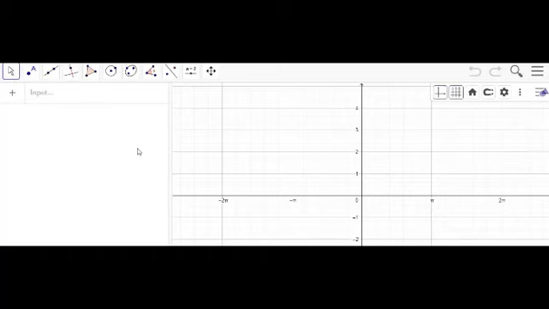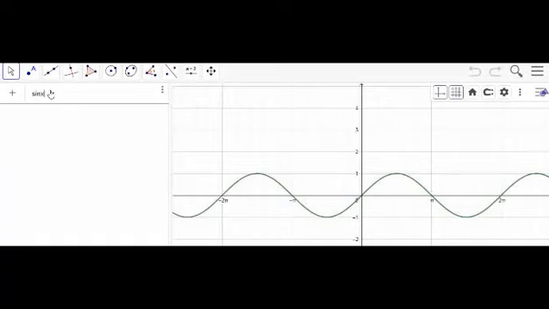Now we solve these two examples geometrically. The first example was f of x equals sin x. So this is the graph of the function y equals sin x. We are going to discuss this theorem in the interval 0 to 2 pi.